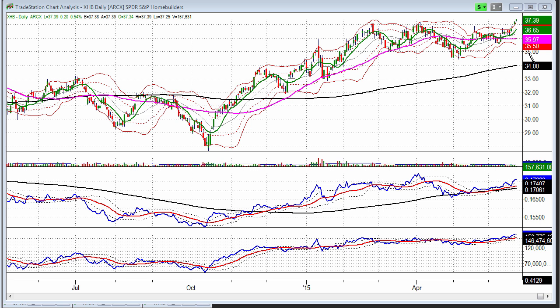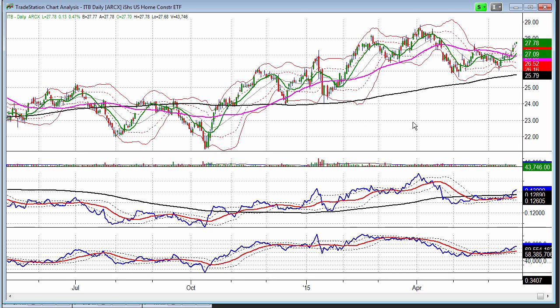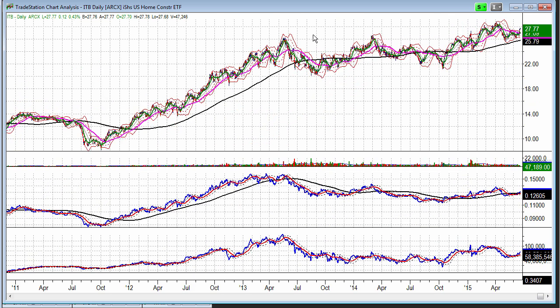Now, one other thing I would keep my eye on is that XHB is one measure of home building. Another one is ITB. Okay, so ITB has completely different construction stocks in it. This one is not breaking out to new highs quite yet. But again, the overall pattern of this is quite bullish if you were to ignore the fact that interest rates are rising.